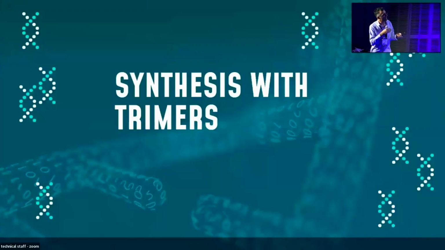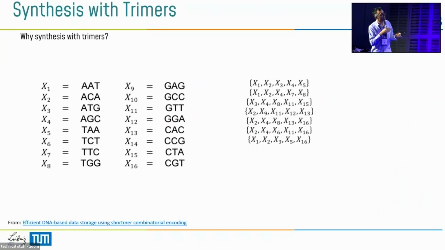But if we pick 5 out of this mixture, it's combination mathematics: 16 choose 5. We can introduce more than 4,000 more letters.